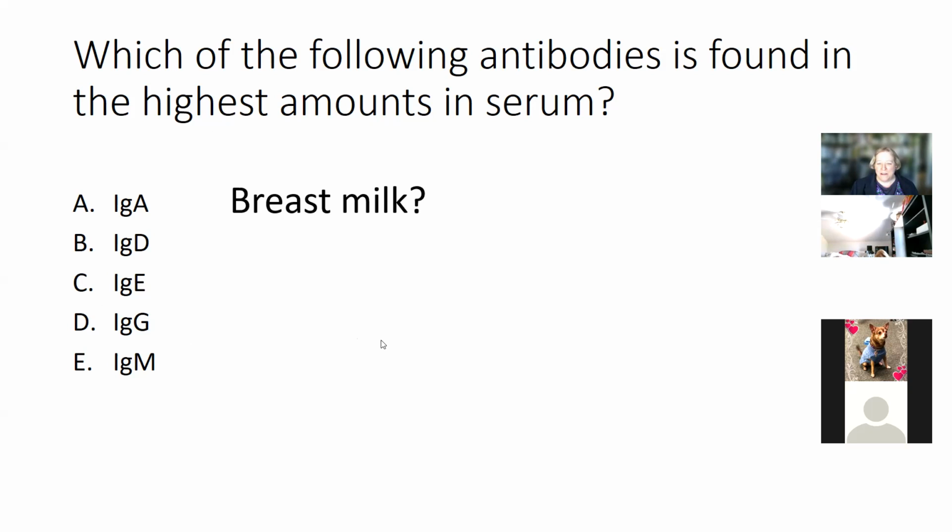Okay, we're going to relaunch the poll. Which of the following antibodies is found in the highest amount on mast cells? Okay, we've got some good early voting. We've already gotten to 50%.